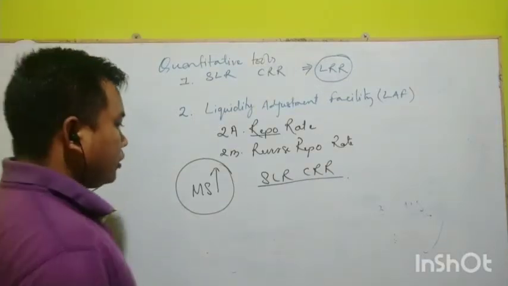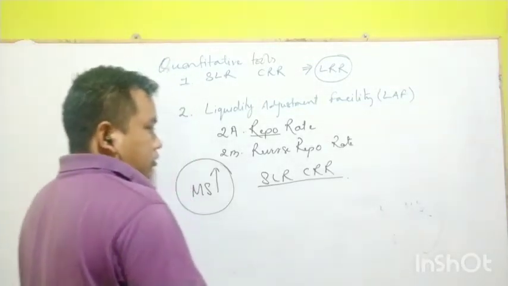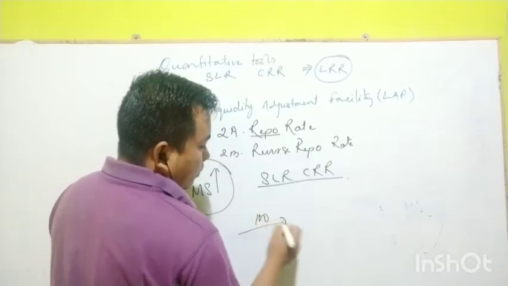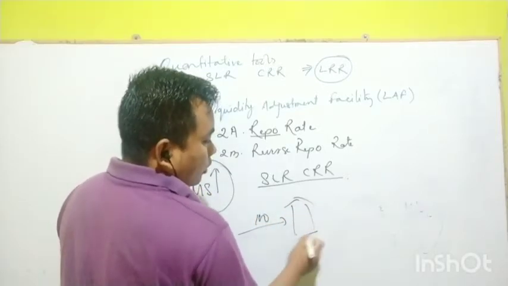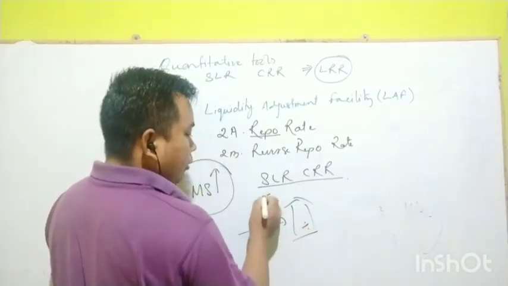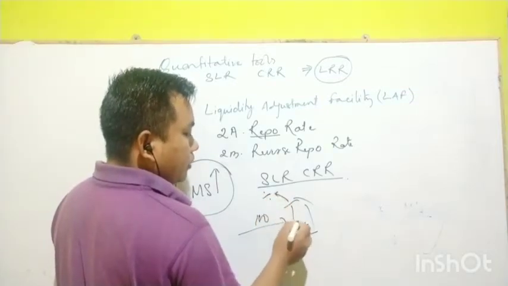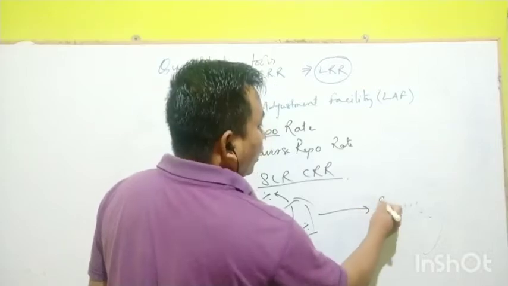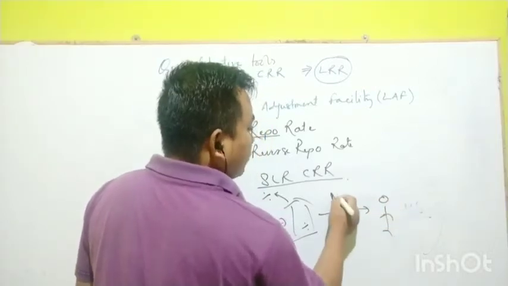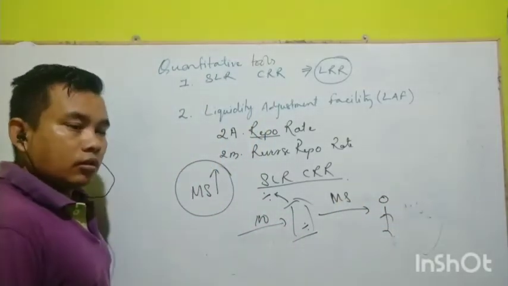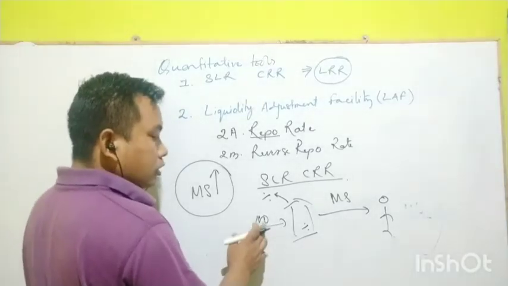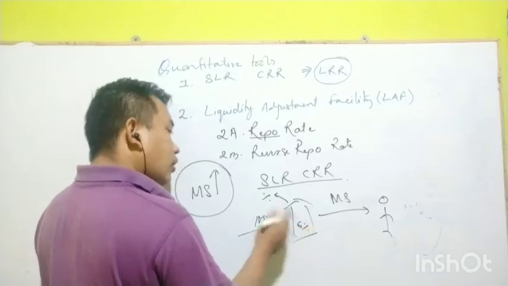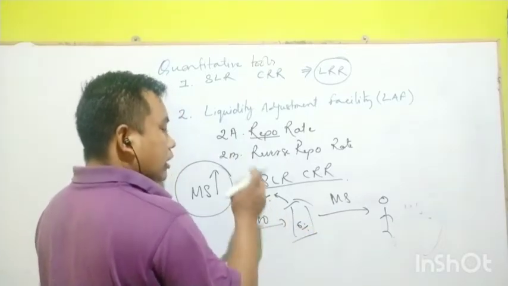Look here. Let's imagine that out of this 100 rupees, 6% is deducted as SLR and 4% is deducted as cash reserve ratio.